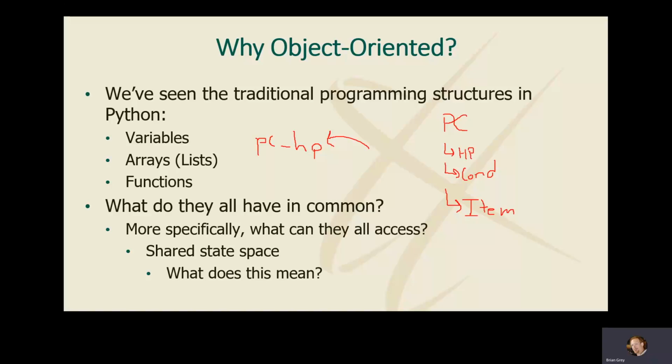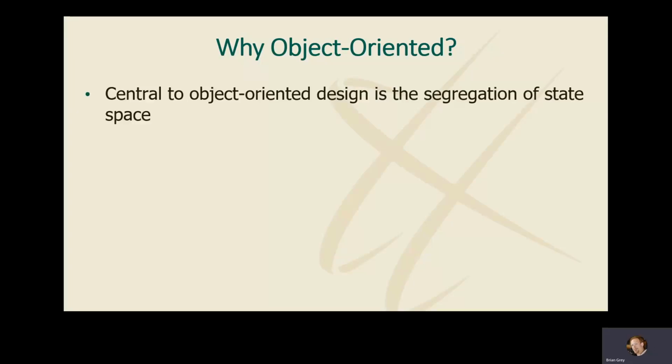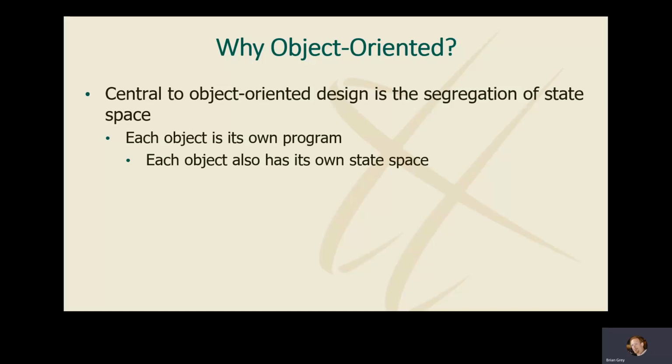So what object-oriented programming and object-oriented design says is, okay, let's take this choice away from someone. Let's build into our language the ability to segregate state space, so that each object, the concept of an object, is its own program that has its own state space.